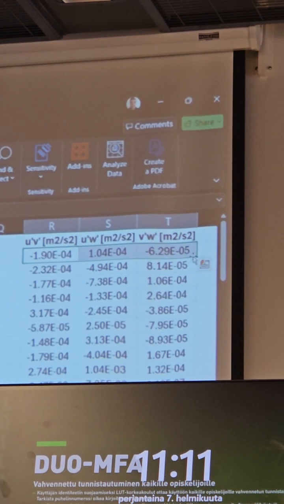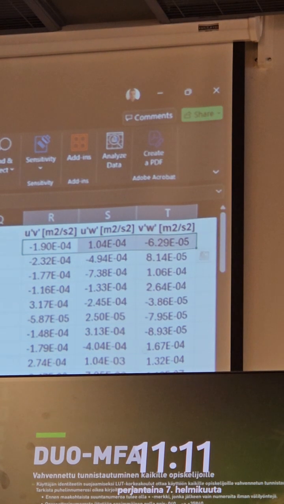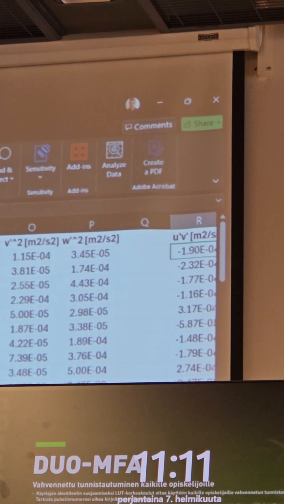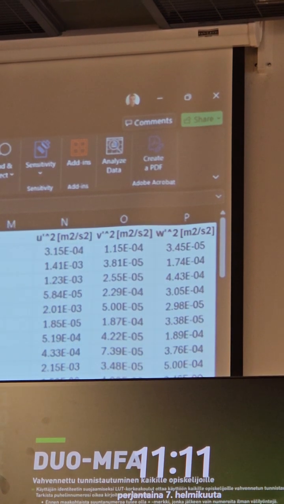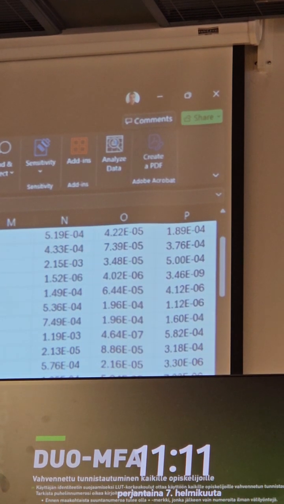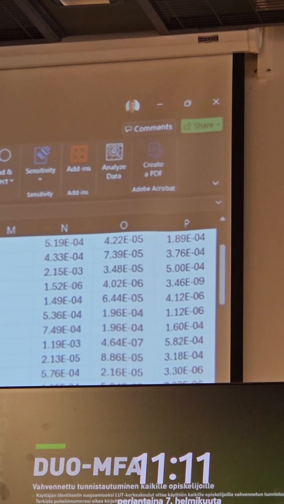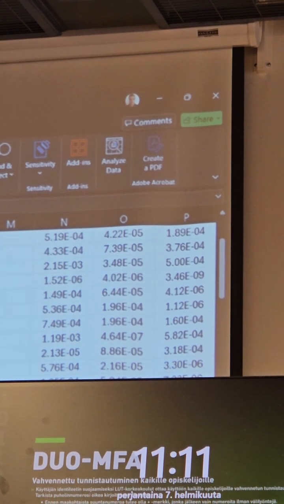So we can do that by pulling these 3 formulas in the vertical direction. So we'll have now the instantaneous values for the Reynolds stresses. So what we need to do is to calculate the time average of those columns.